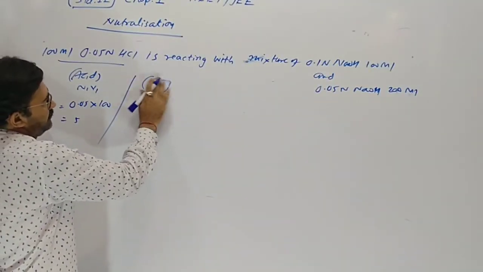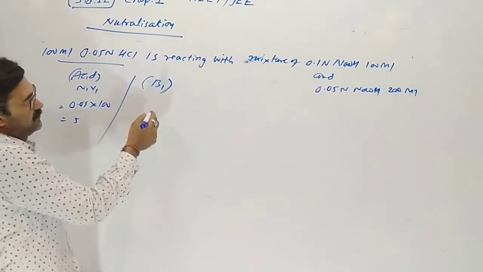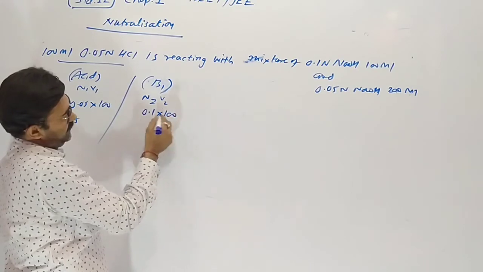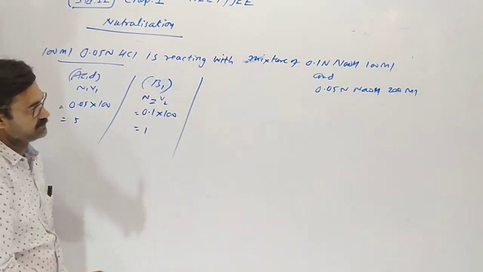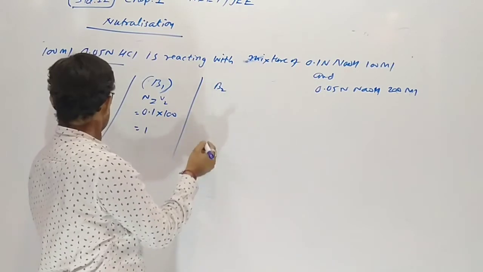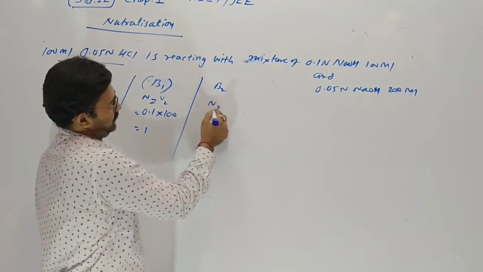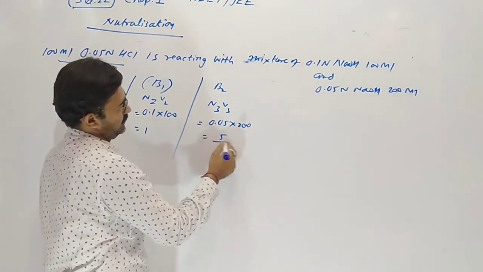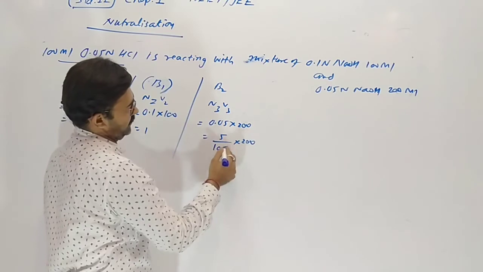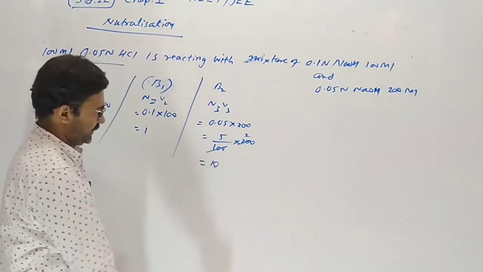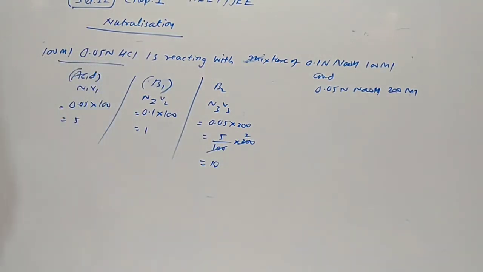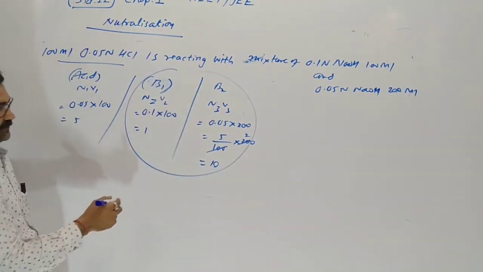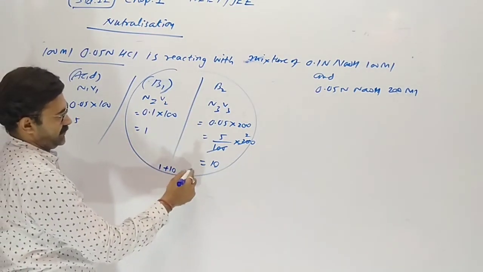Now base 1, N2V2, is 0.1 into 100, which gives 10. Then base 2, N3V3, is 0.05 into 200, so 5 upon 100 into 200, which is 10. So the total of base 1 and base 2 is 10 plus 10.